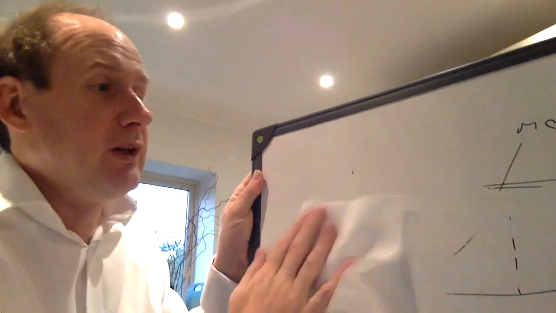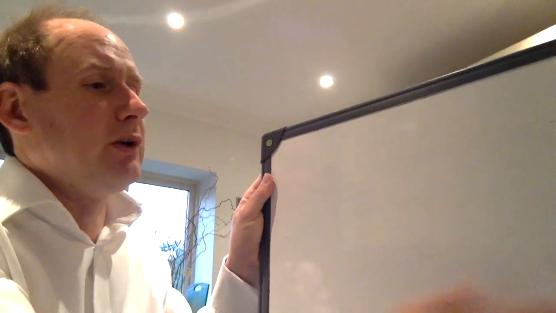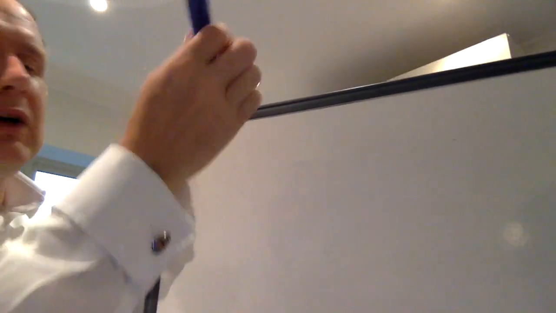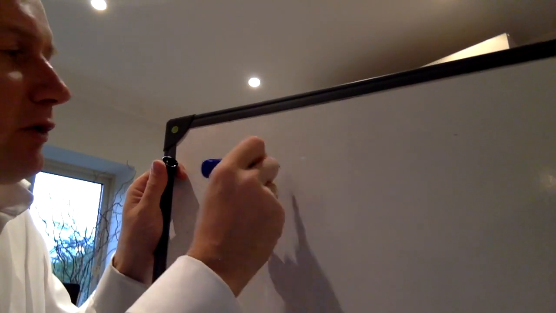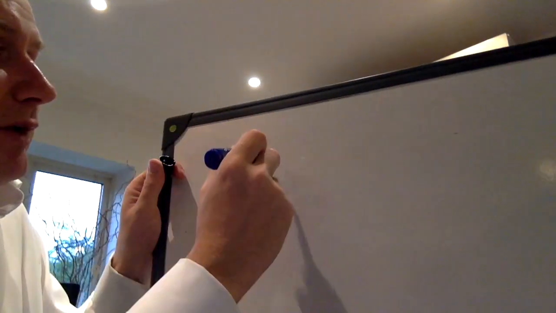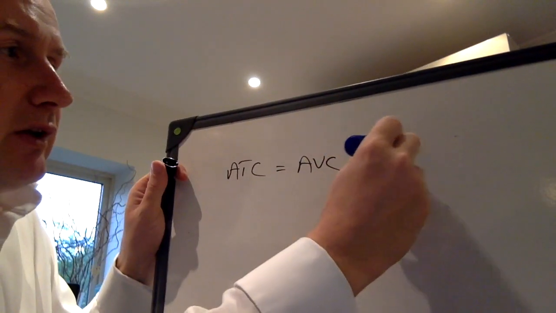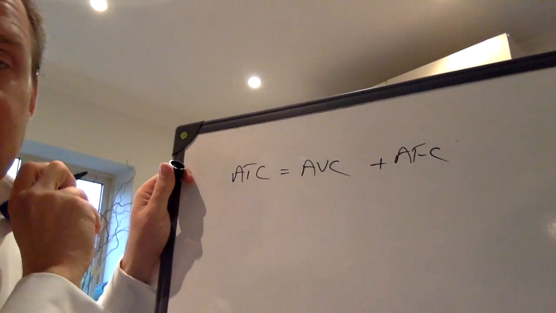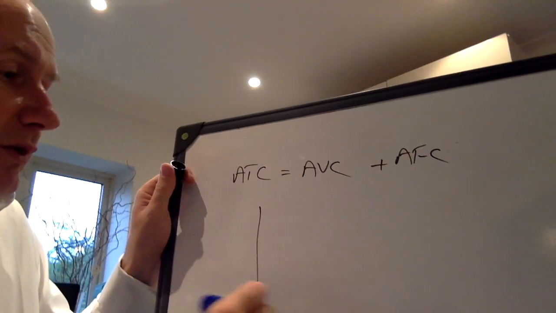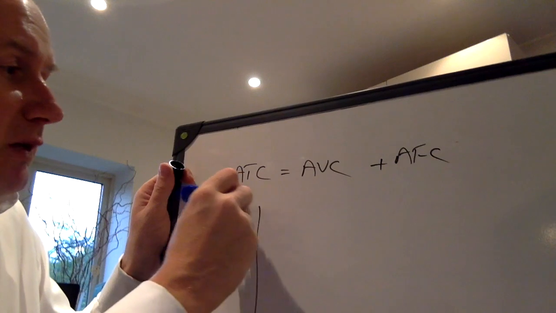We did average fixed cost last time. What we know is that our average total cost must be made up of the variable cost per unit plus the fixed cost per unit.